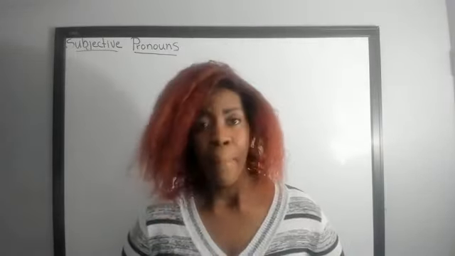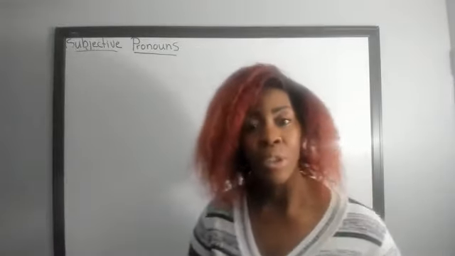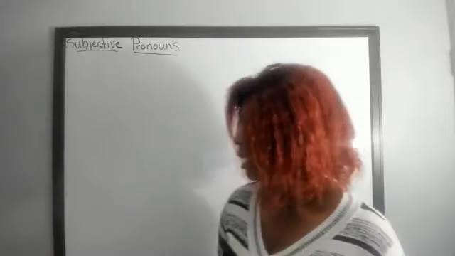I gave you some examples, like a house, a park, an animal, or a fruit. My marker, for example: it is my marker because it is not human. Therefore, we will use the word it.